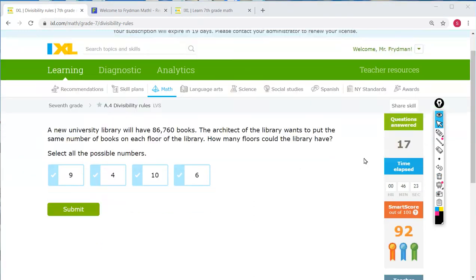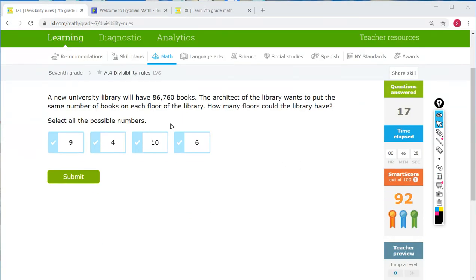Okay. All right. A new university library will have 86,760 books. The architect of the library wants to put the same number of books on each floor of the library. How many floors could the library have? Select all the possible numbers.